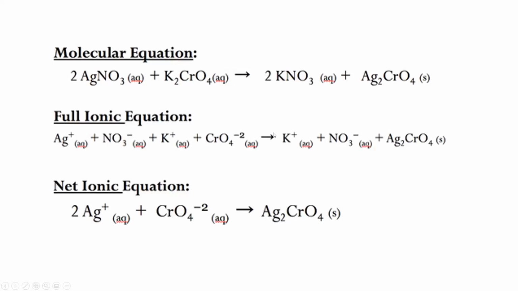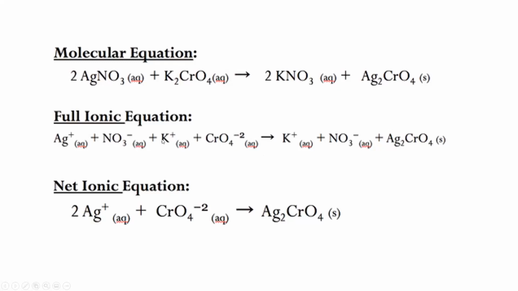And chromate here is in the form of an ion, and here in the form of a solid. But potassium remains the same on both sides of the equation, and the same with nitrate.